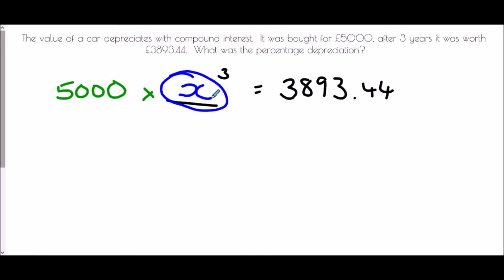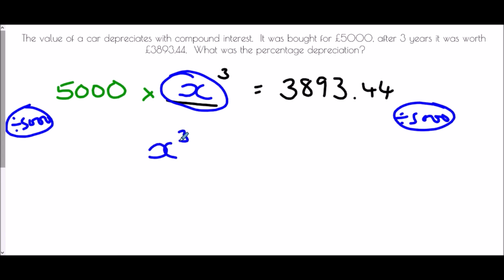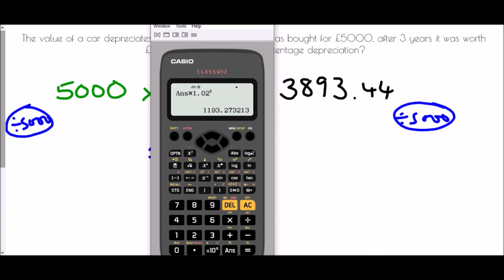And in order to solve this, the first thing I'm going to have to do is divide both sides by 5,000. And so if I do that, I get that x cubed equals, let's grab our calculator, 3893.44 divided by 5,000.